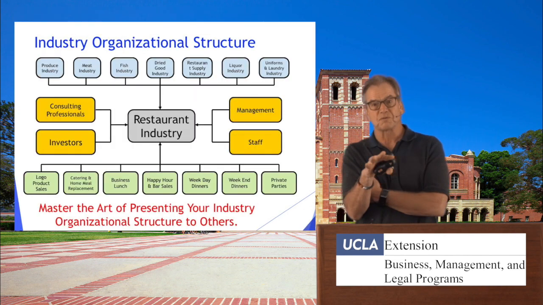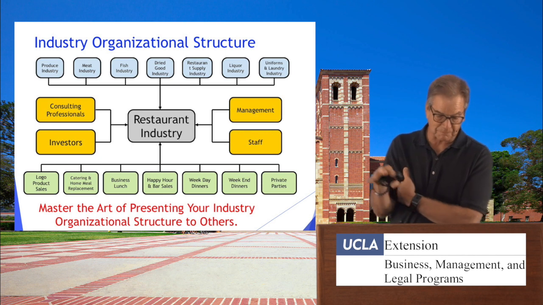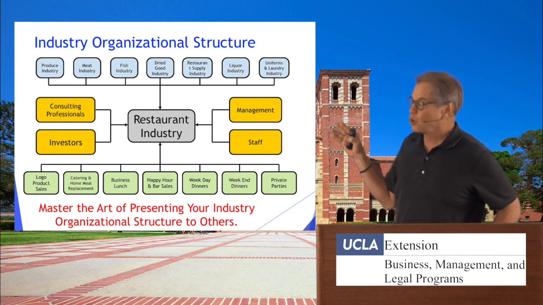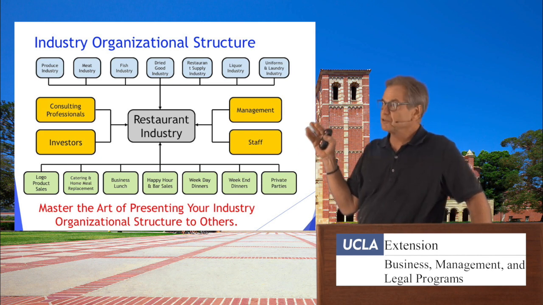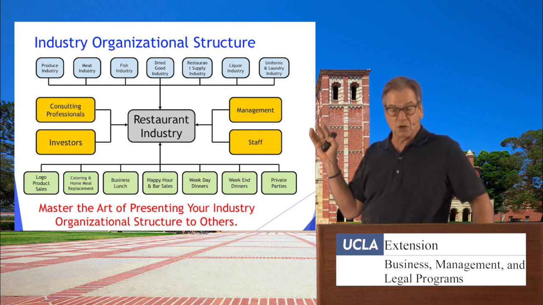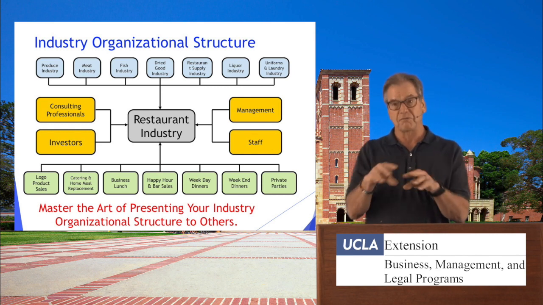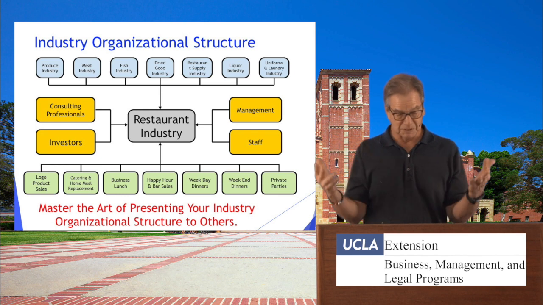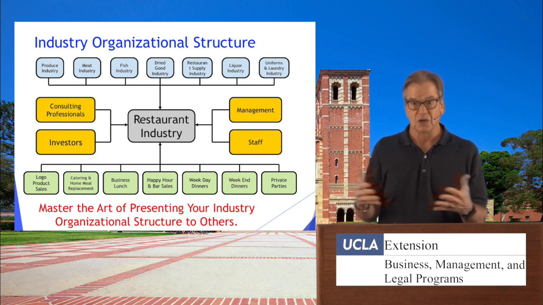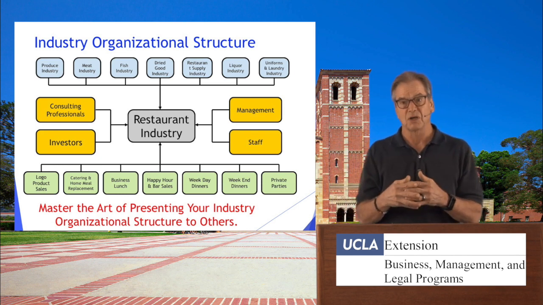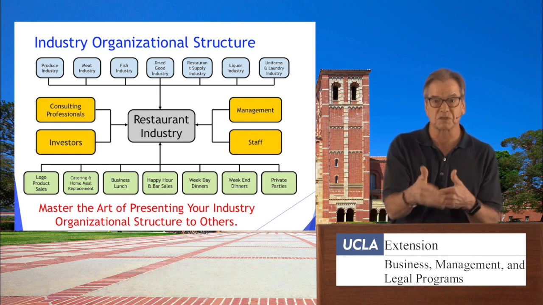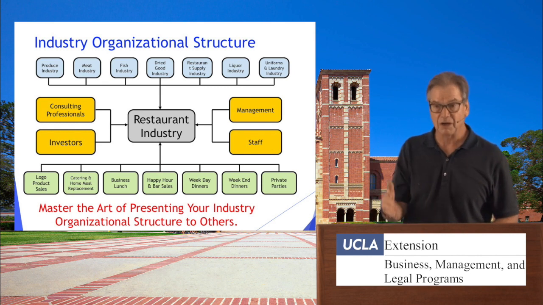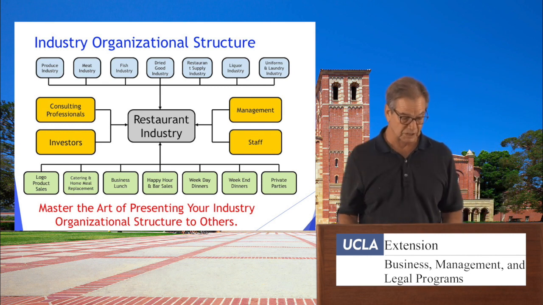For those of you who are studying how to write a business plan, once you've outlined this structure, your goal is to do a narrative description of each box here: a paragraph that talks about all the vendors, a paragraph that talks about what management and staff does, a paragraph that talks about the profit centers, the goods and services that are presented to the marketplace as an industry from this process.